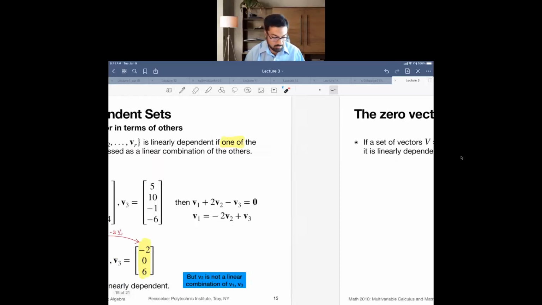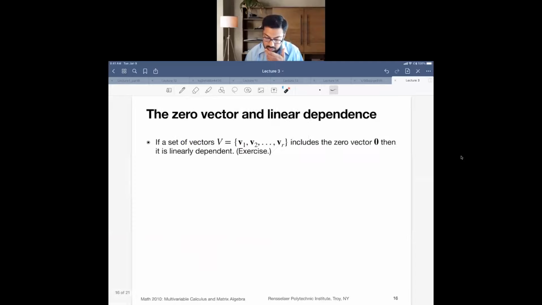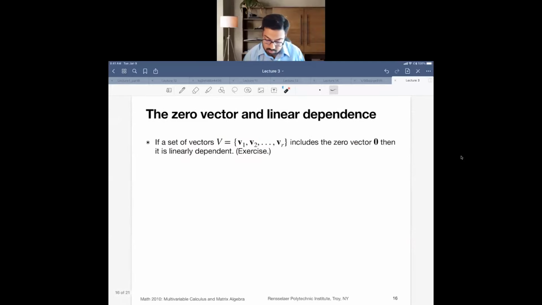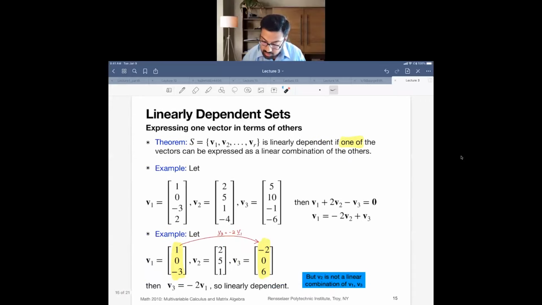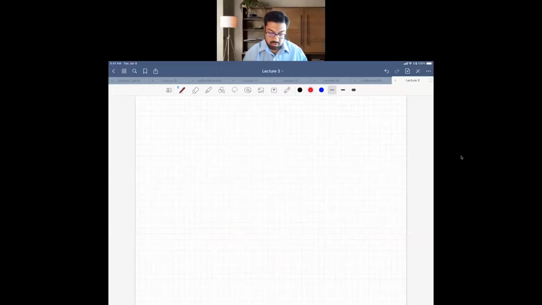Hold on, let's see if we can elaborate more on this. So here, let me add a slide here. Let's try to elaborate this with a general example. So what I'll do is I will pick S, my set of vectors, and I will call them v1, v2, and so on up to vr. Right?